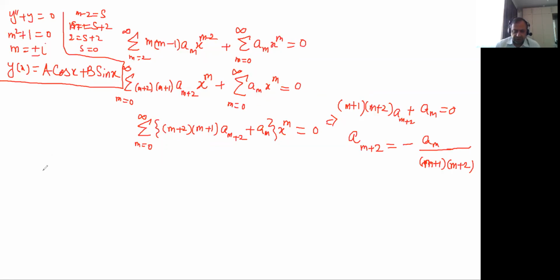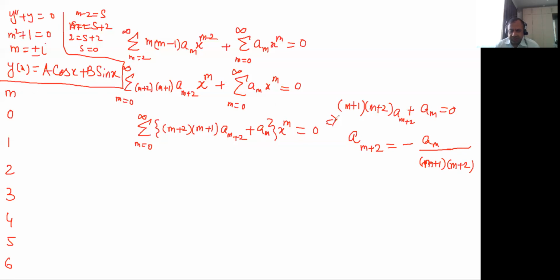So for this, what I can do is set up a table, which is very convenient for this type of calculations. I can set up a table of m values, starting from 0, 1, 2, 3, 4, 5, okay, maybe 6 is enough.